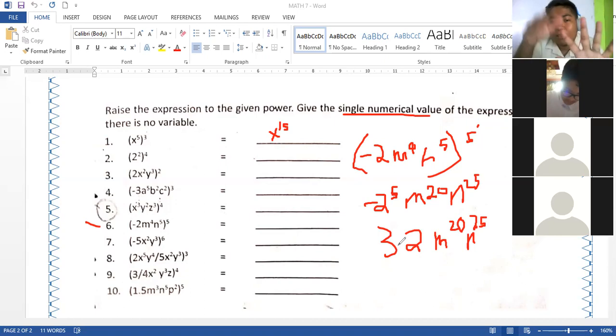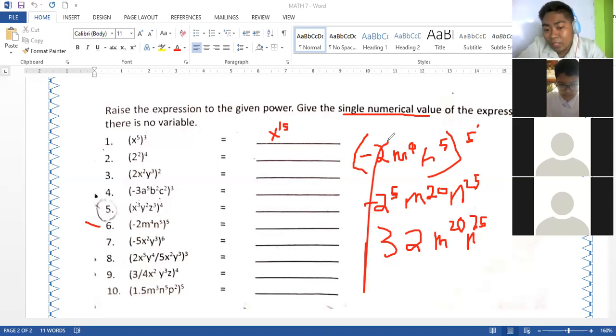We have negative times negative, that would be positive, times negative, that would be negative. Times negative, it becomes positive, times negative, that would be negative. So, ang sagot natin dito ay negative 32. M, 20. N, 25.